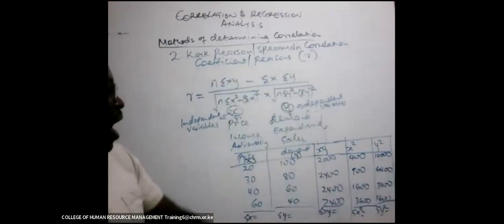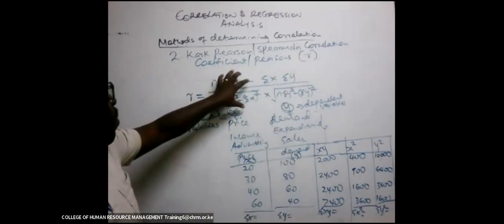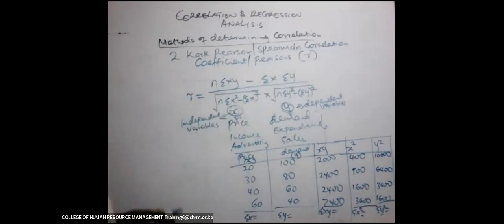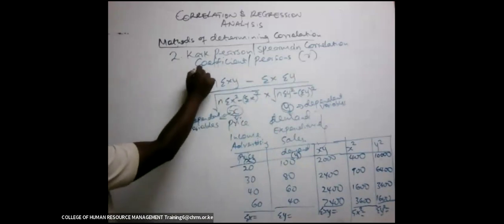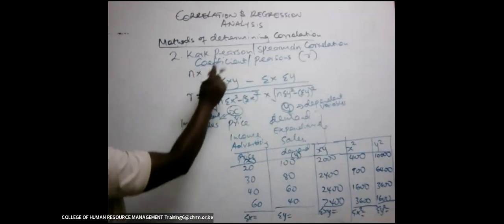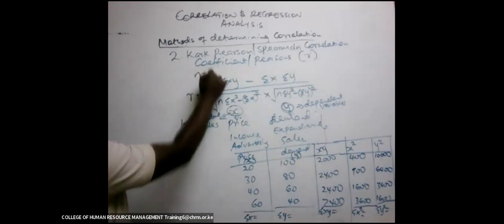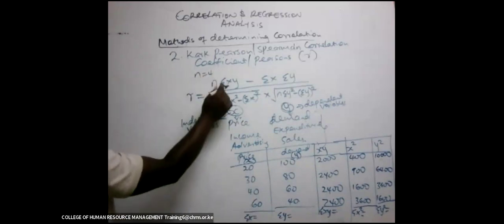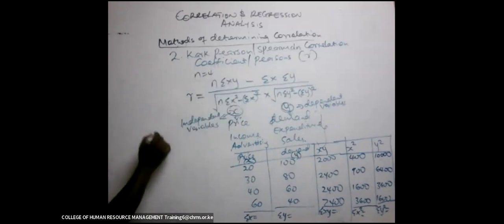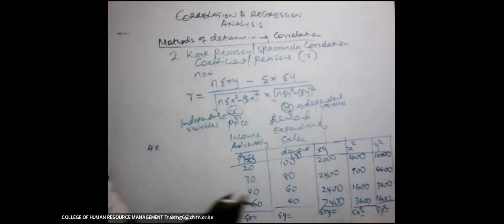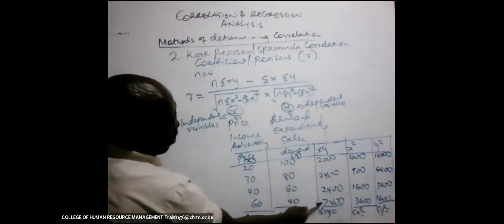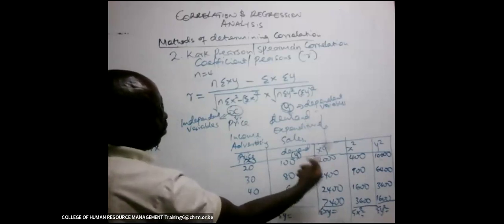These summations are the ones that you are going to place in the formula. So when I'm talking about N times the summation of XY, for example, our N here is 4. We had 1, 2, 3, 4 pairs of X and Y. So I'll say N times the summation of XY would be equal to 4 times the summation of XY. Let me just say this is 8,000 plus 1,200.